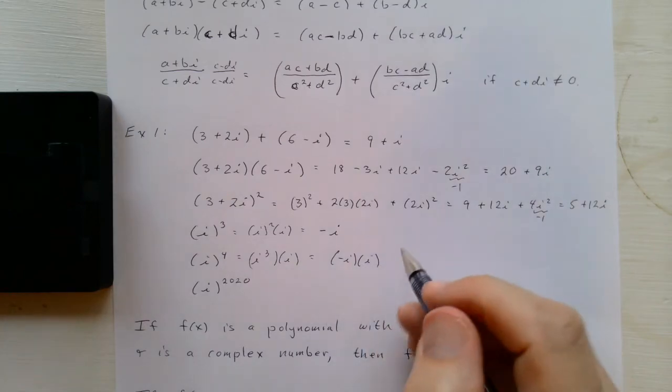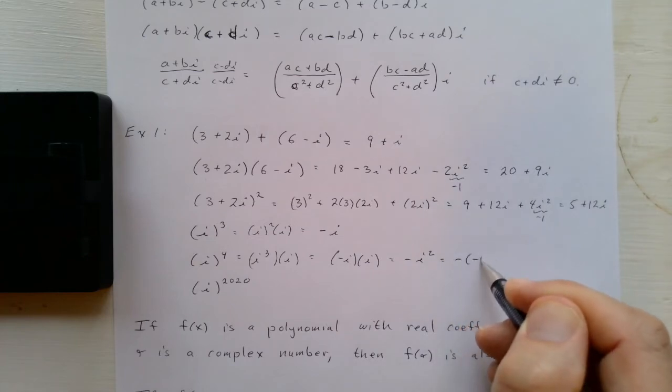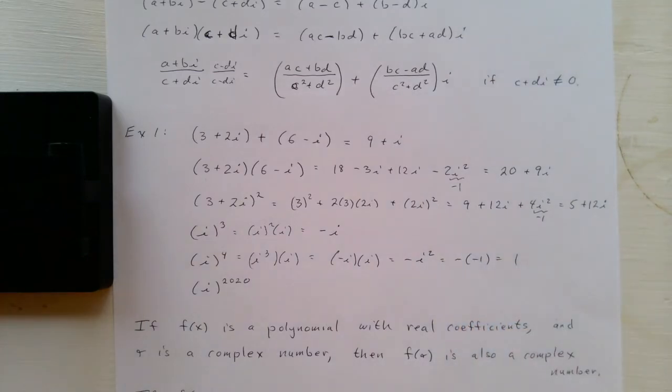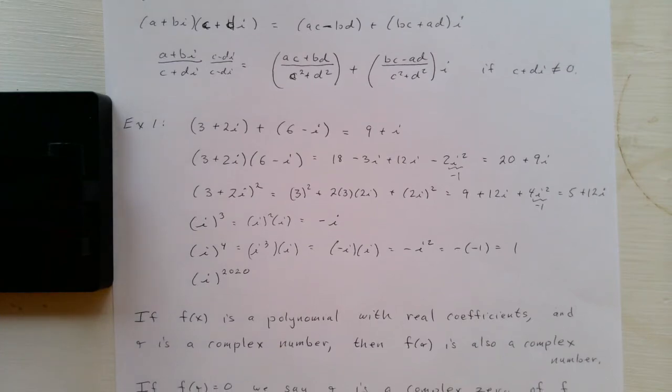So multiplying these, we get minus i squared, which is minus, minus 1, which is 1. So i to the 4th is equal to 1. You can check that i to the 5th would be i, i to the 6th would be minus 1, i to the 7th would be minus i, and i to the 8th would be 1.